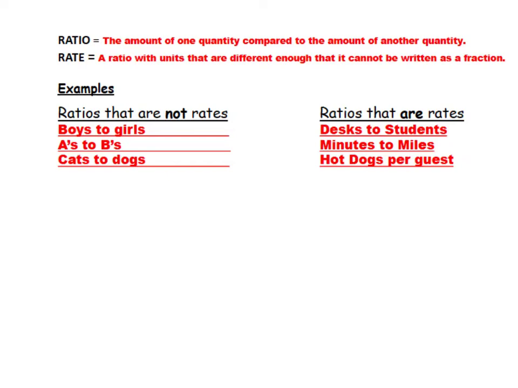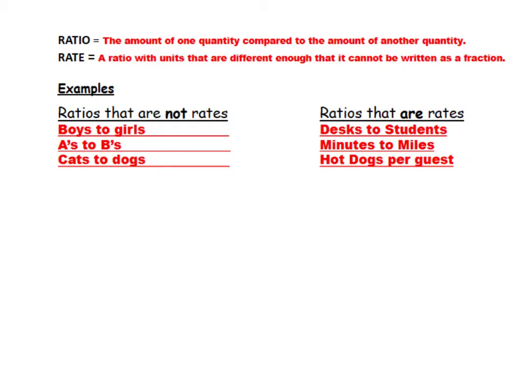Now, rates are ratios with units that are different enough that it cannot be written as a fraction. So, for example, let's look at ratios that are rates. Desks to students are different enough that it cannot be written as a fraction or part to whole.